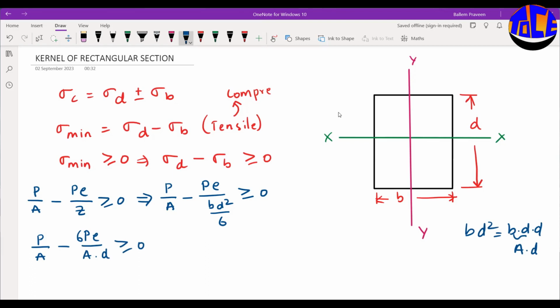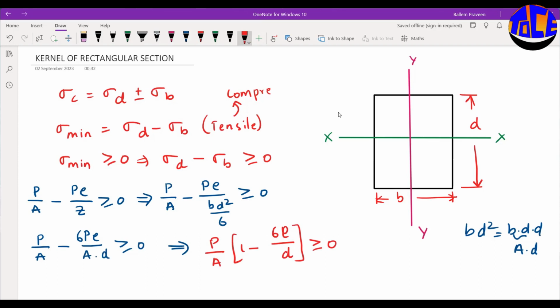I can rewrite this equation by taking P by A common: P by A times 1 minus 6 times e divided by D, which should be greater than or equal to 0.